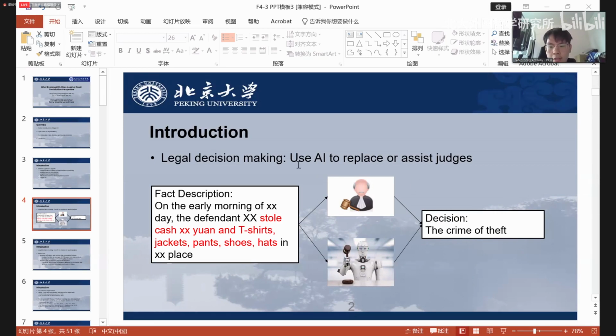Given that fact, the judge will apply rules and use legal reasoning to give a legal decision. This case is very simple, and the decision is the crime of theft. So what the legal AI is supposed to do is perform as the judge and give the same decision.